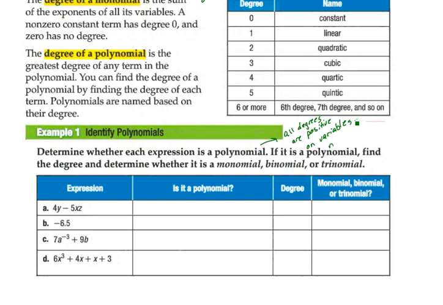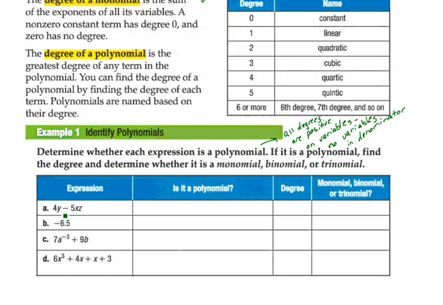Or remember how we said no variables in the denominator? That's basically the biggest thing, no variables in the denominator. Okay, with that really the only rule that tells us whether it's a polynomial or not, let's go for it.